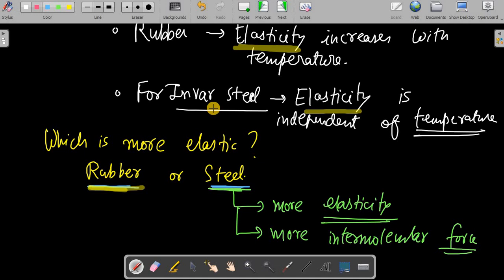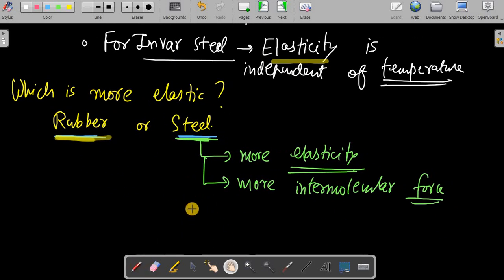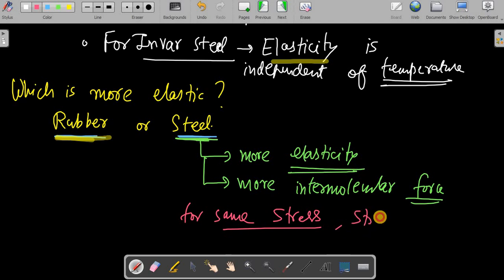So you can say that for the same stress, strain is smaller in steel than rubber.